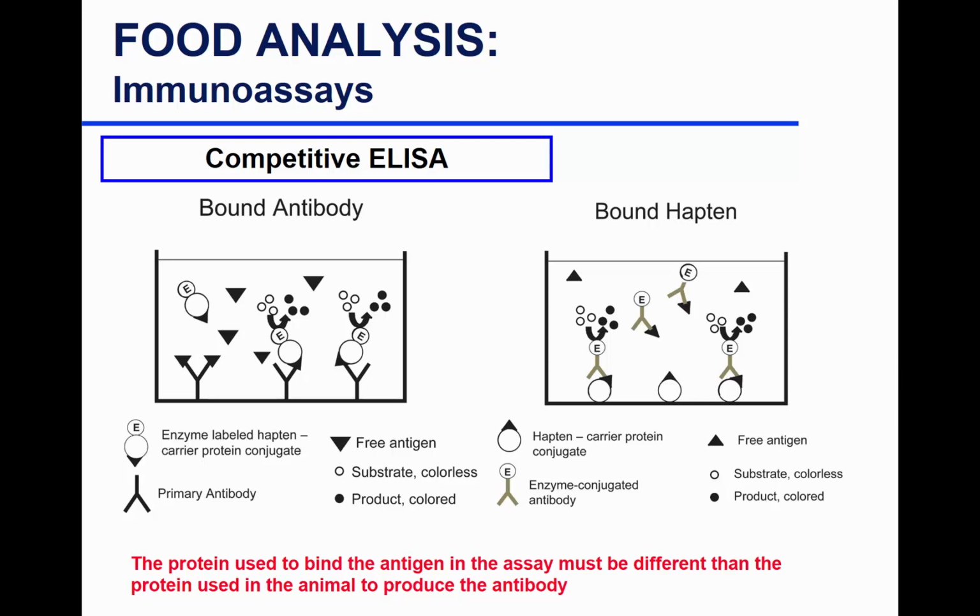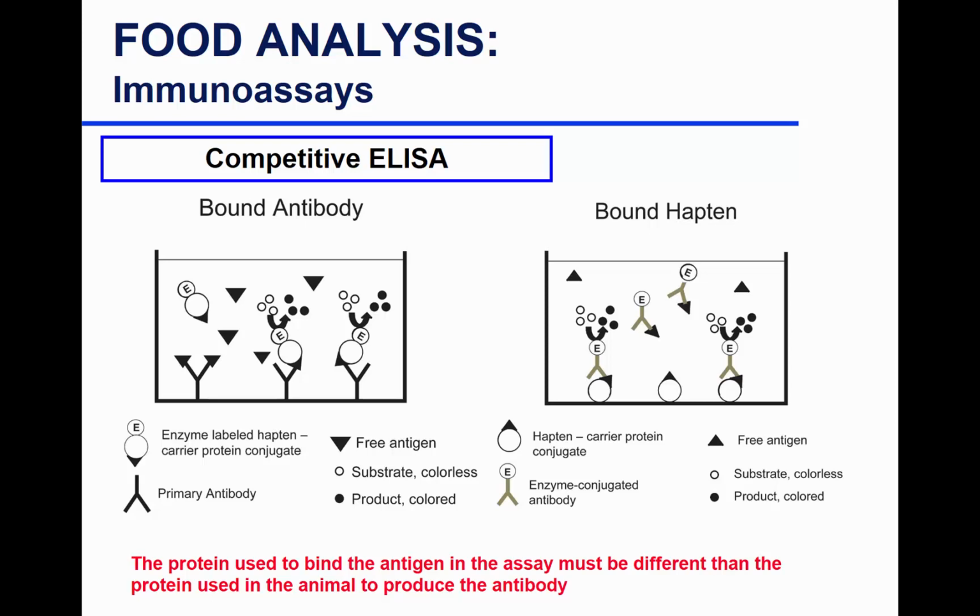And this is coming from your sample. So what's happening now is the antigen from your sample and the antigen that is bound to your hapten, they're competing. Hence, there's the competition. So the labeled hapten and the antigen are both competing for binding sites on the antibodies.